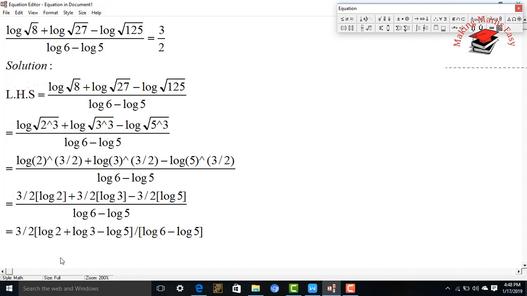Now we have taken 3 by 2 as common. Now use the property of logarithm in order to simplify. The most important property of logarithm here is log of a plus log of b equal to log of ab.